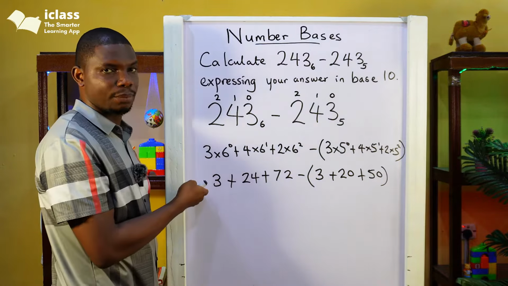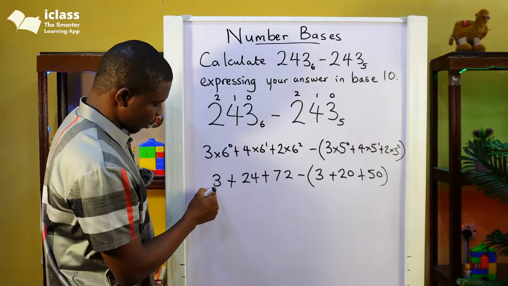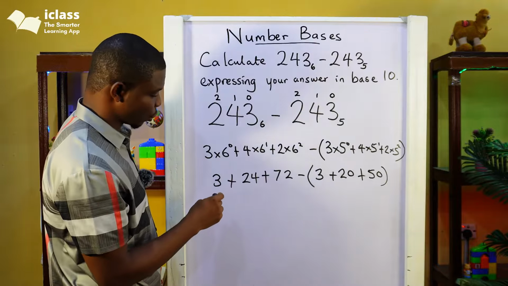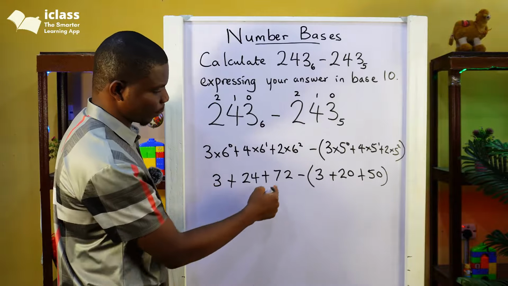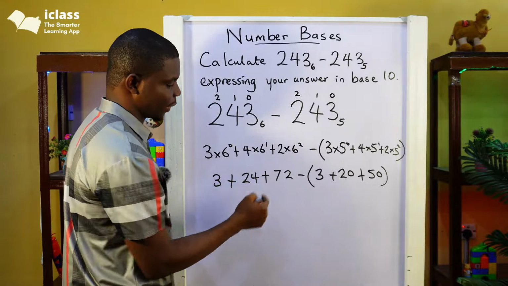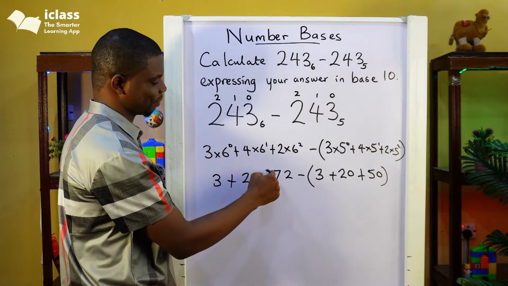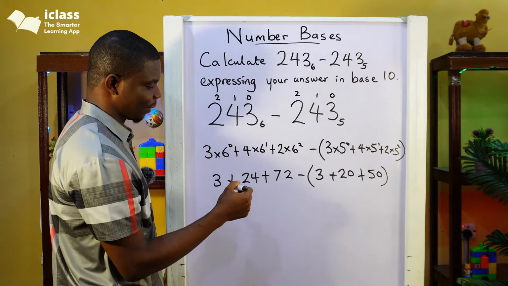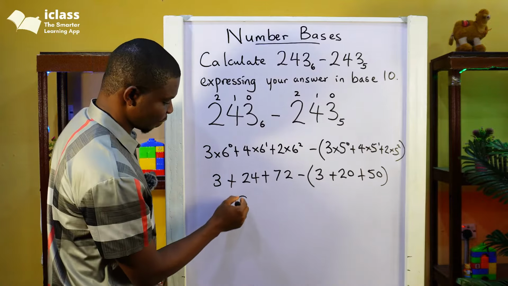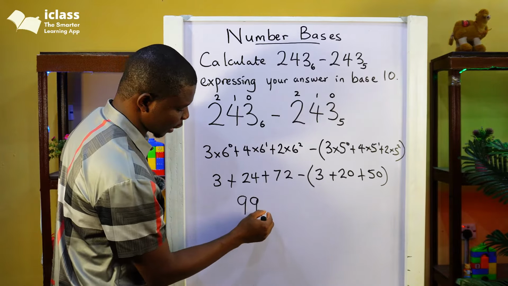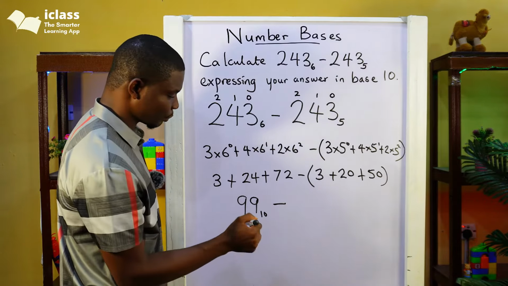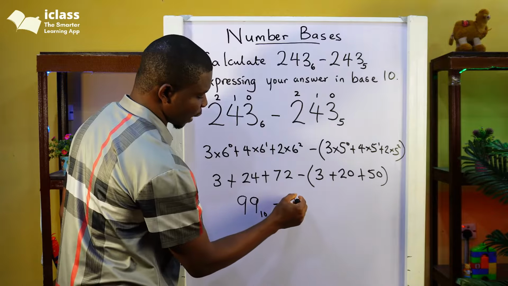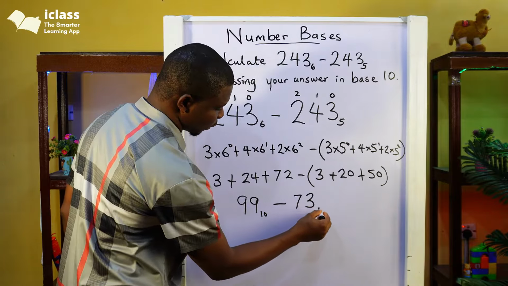Remember, we are now in base 10, right? 3 plus 24, that will give us 27. 27 plus 72, that will give us 99, right? 99, already we are in base 10, minus 23 plus 50, that is 73.